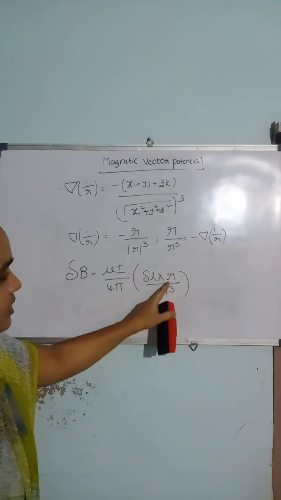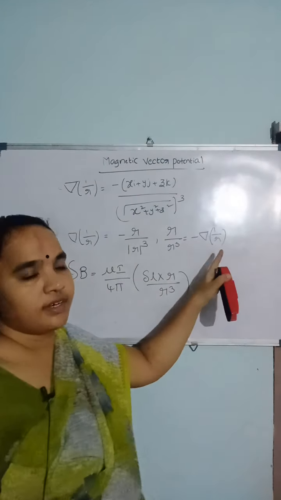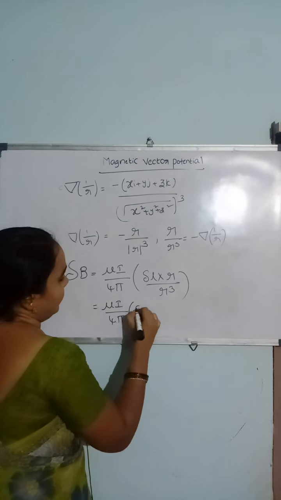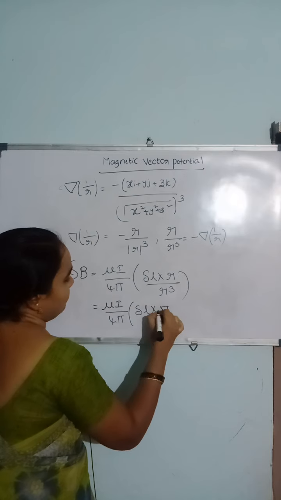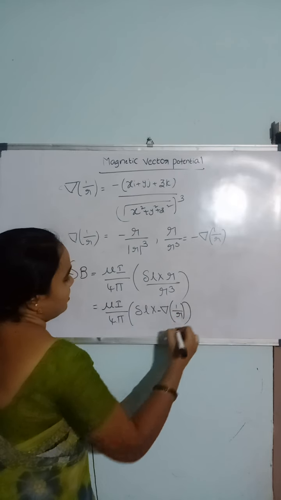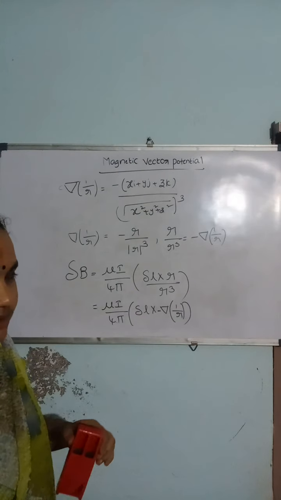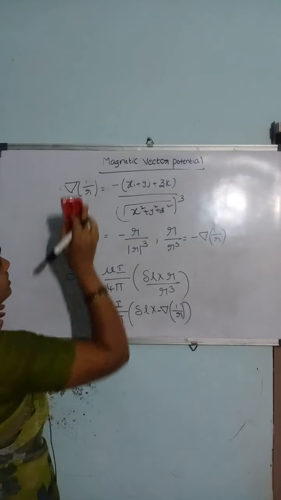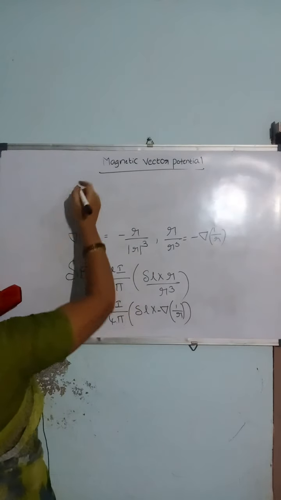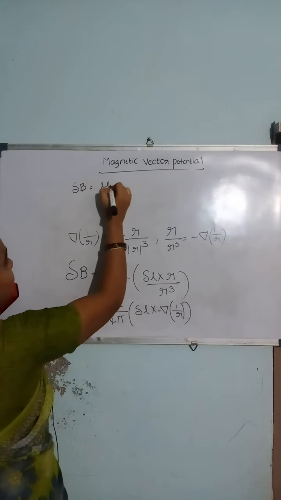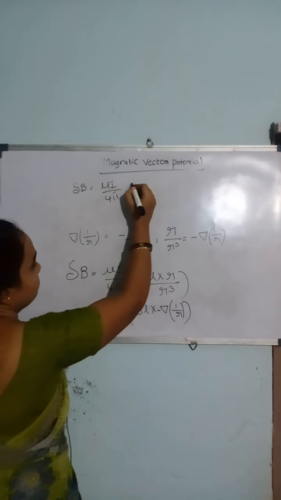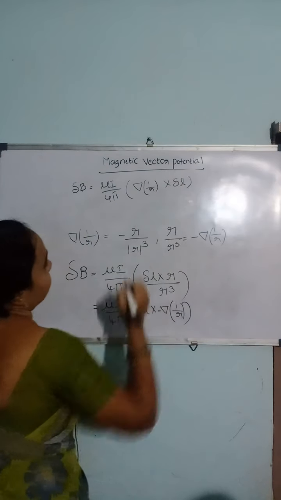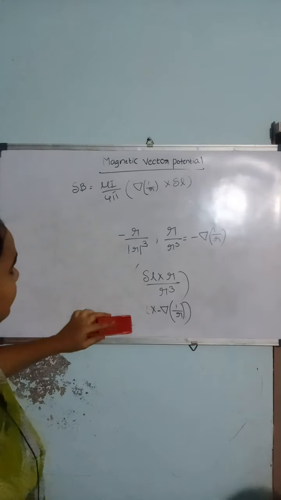In place of R by R cube, I am writing minus del of 1 by R. That is mu I by 4 pi delta L cross minus del of 1 by R. We know that A cross B is equal to minus B cross A, so if we interchange this, the negative sign goes. Then delta B is equal to mu I by 4 pi del of 1 by R cross delta L. This is the expression for delta B.